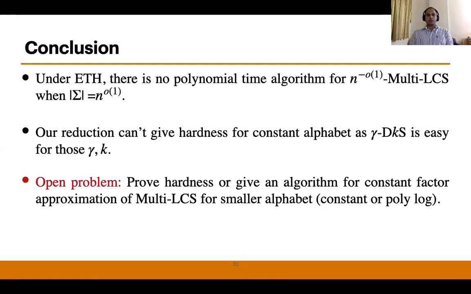Our reduction can't give hardness for constant alphabet, as the gamma densest K subgraph problem for the corresponding parameters gamma and K is easy to solve. The open problem here is to either give hardness or an algorithm for constant factor approximation of multi LCS for small alphabets. Thank you for your attention.